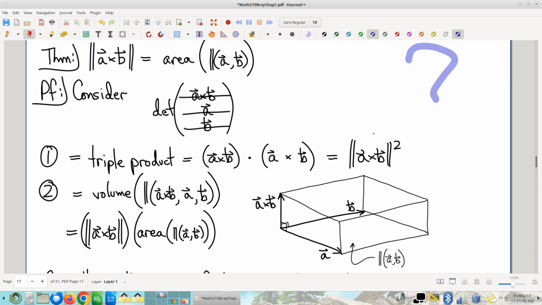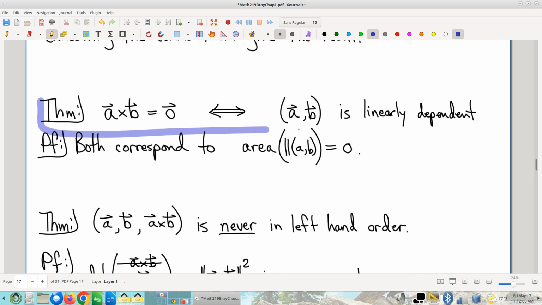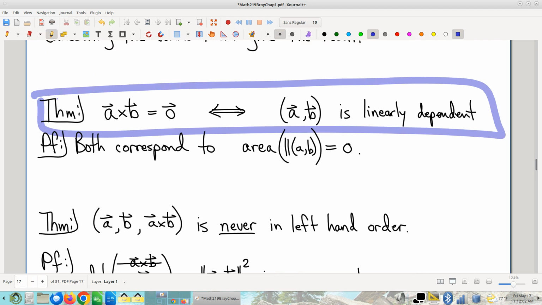Okay. Moving along. Another neat fact. Cross product has something in common with dot product in that when it is 0, you get to draw a cool conclusion. When the dot product's 0, you get to conclude orthogonality, which usually means perpendicularity, which is awesome.